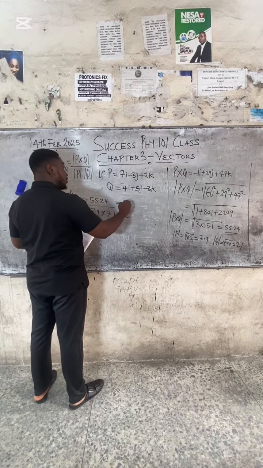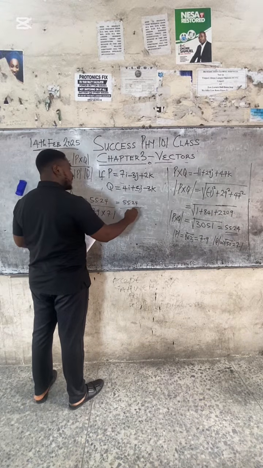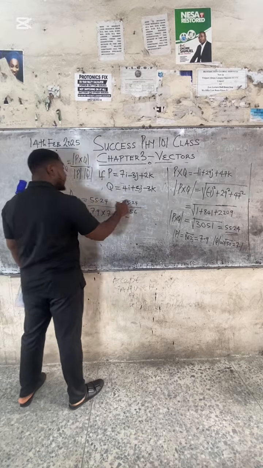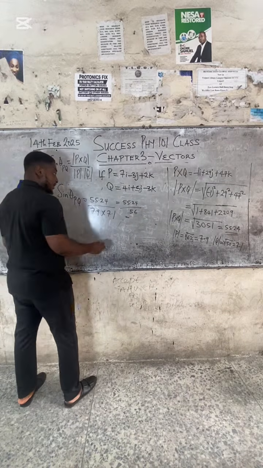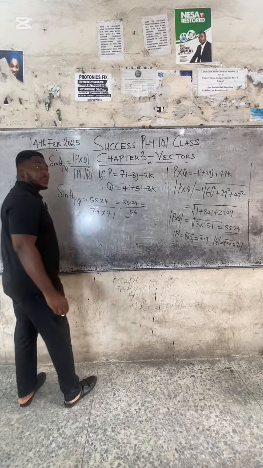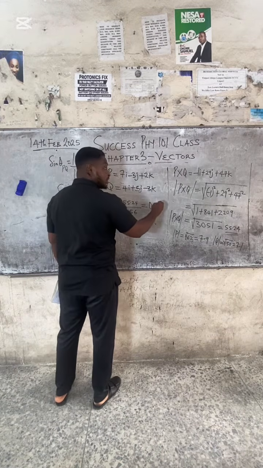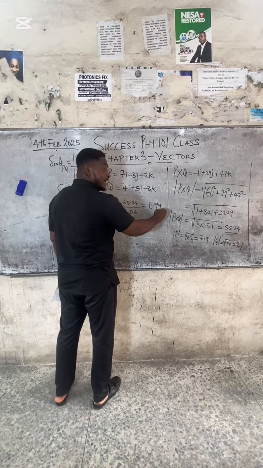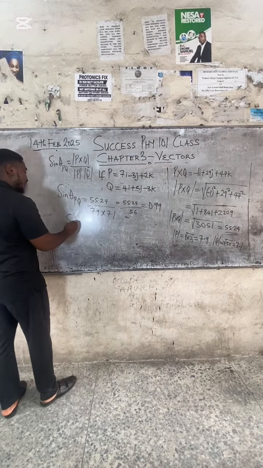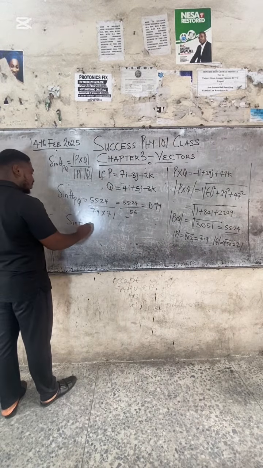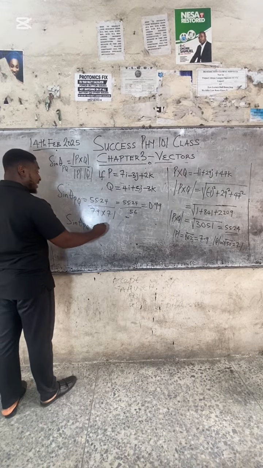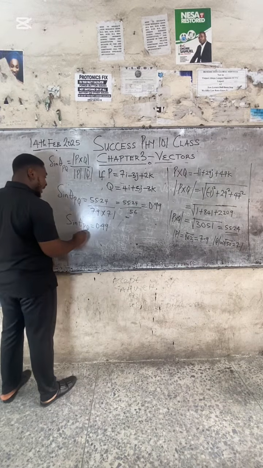So 55.24 divided by 56 is what, please? 55.24 divided by 56 is 0.99. So sine theta PQ is 0.99.